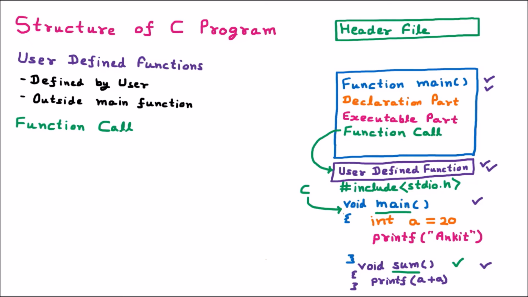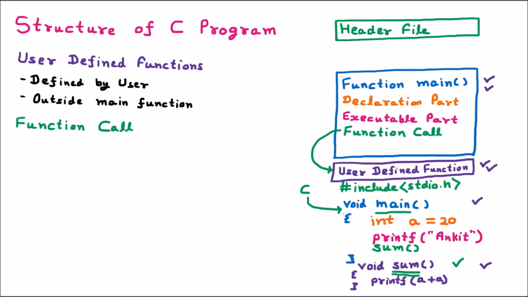So if I see a real life example of how the function will be called, we should understand what is the name of the user defined function. So here we can see that the name is sum. So in the body of main, we are going to write the same name here, which is sum. So the name of the user defined function we are using, and afterward we are putting the starting bracket and the ending bracket.